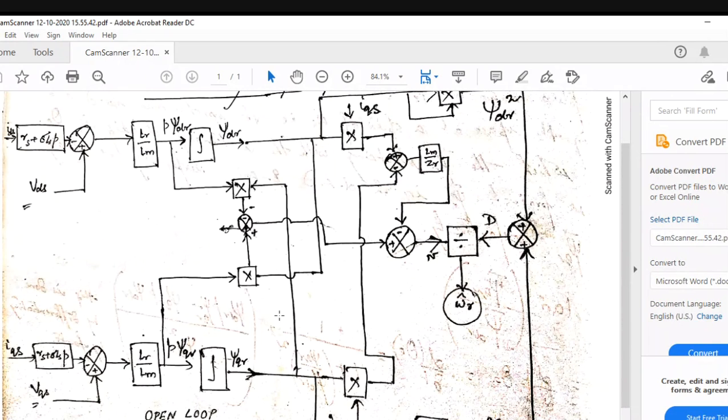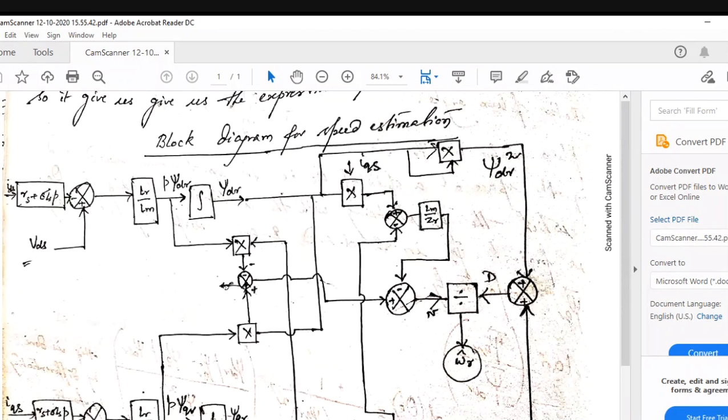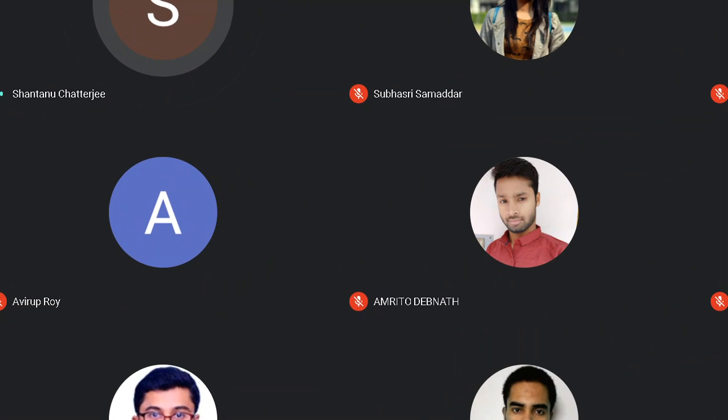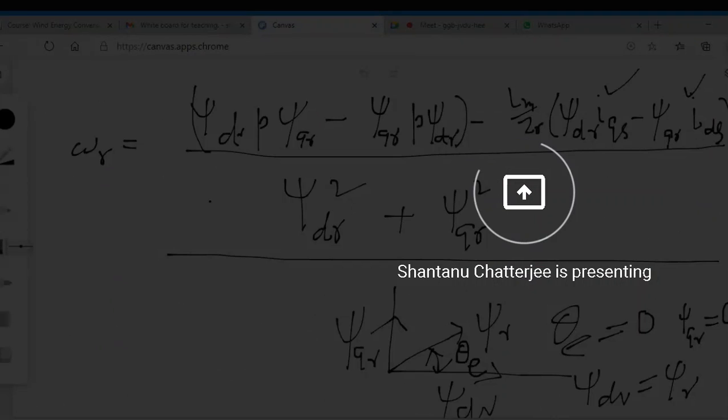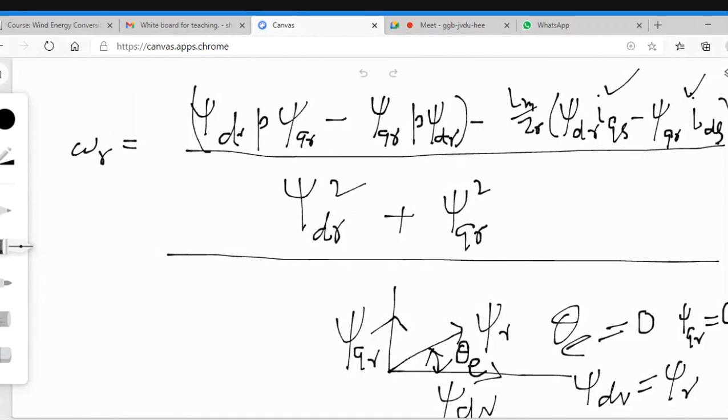In the speed expression, omega r is equal to phi dr into P phi QR, and so on. P phi QR you have already derived, and P phi dr you have already drawn in the block diagram. So this equation is well known to you, and here you have phi dr square plus phi QR square.